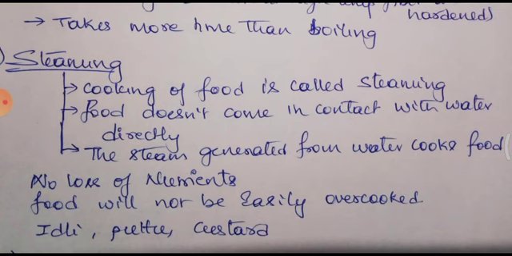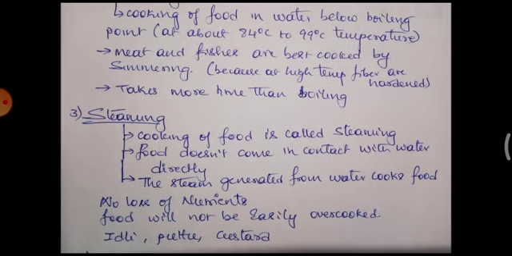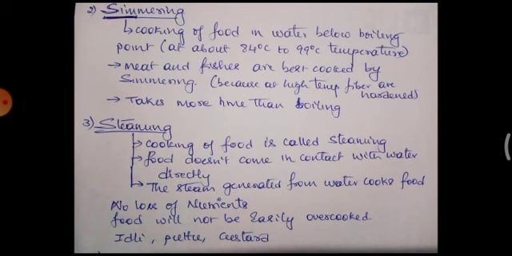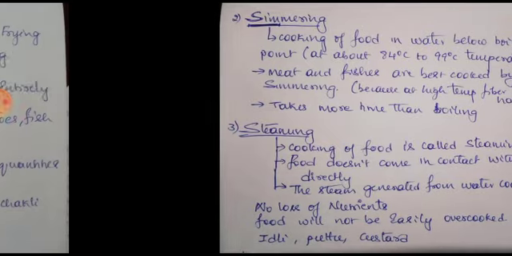The steam generated from the water cooks the food, there is no loss of nutrients, and food will not be easily overcooked. Most South Indian food items such as idli, puttu, custard, etc. are cooked by steaming. Steaming is a best method which makes the food soft, and since the steam is at high temperature, most of the microorganisms are destroyed.